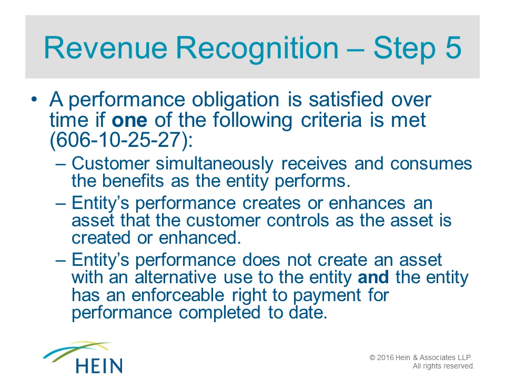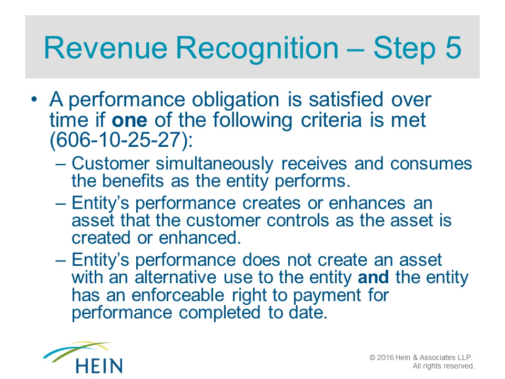A simple example here would be a service contract where we're providing services to a customer and they're obtaining the benefits of those services as we're performing our work. The second alternative is that the entity's performance creates or enhances an asset that the customer controls as the asset is created or enhanced. So again, we're looking at control in that aspect.